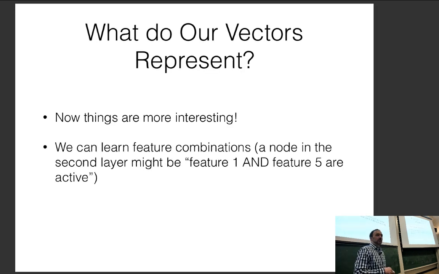So classification problem number 1 could be something like, do I see feature 1 and feature 5? Do I see a positive word and a negation word? And if so, then you can say, I see a positive word and a negation word, maybe that's a bad sign instead of a good sign.